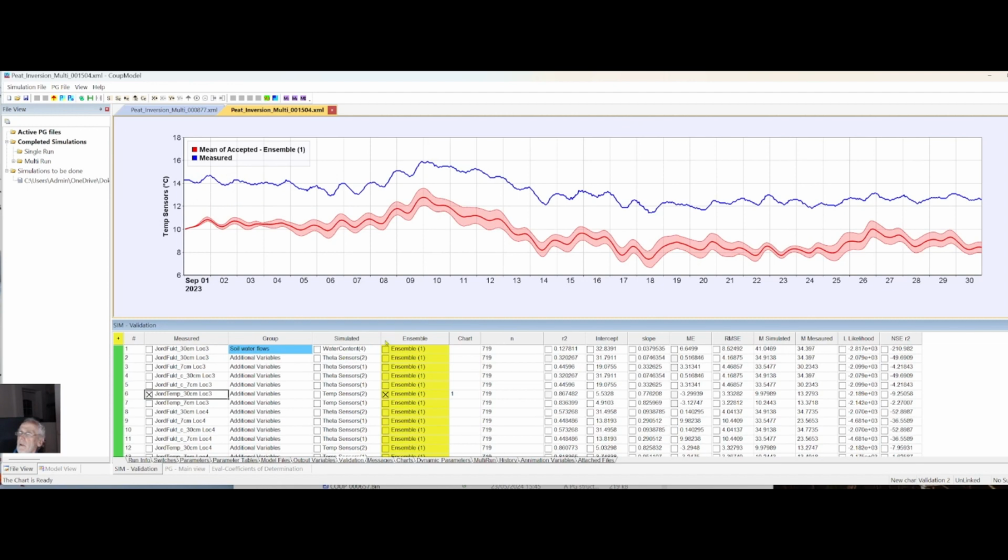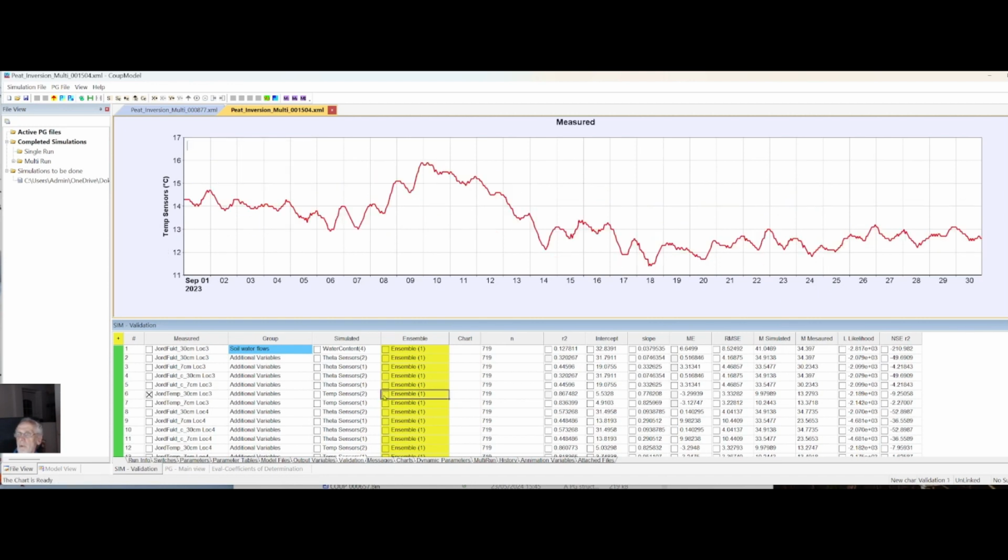And then we notice that here it is approximately 4 degrees below all the time. So it's a systematic error, but the dynamics is not too bad. So that's a good sign.